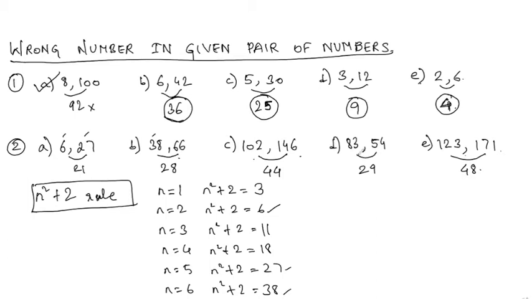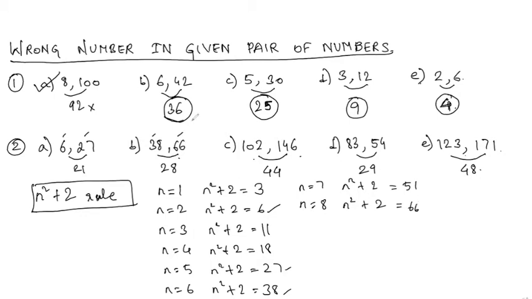Let us check for other numbers. For n is equal to 7, n square plus 2 is 51. N is equal to 8, n square plus 2 is 66. So even 66 came.